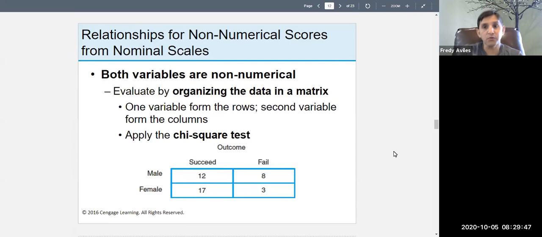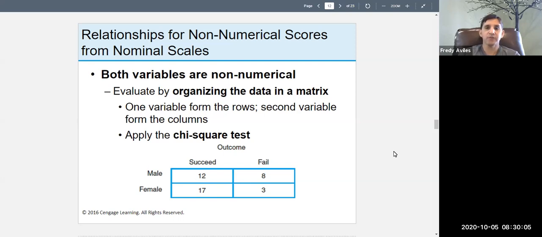What about if both variables are non-numerical? What about if both variables, let's say, are categories? So you have, again, sex, male or female, and then you have another variable. Let's say, did they pass the test or did they fail the test? So, succeed or fail.